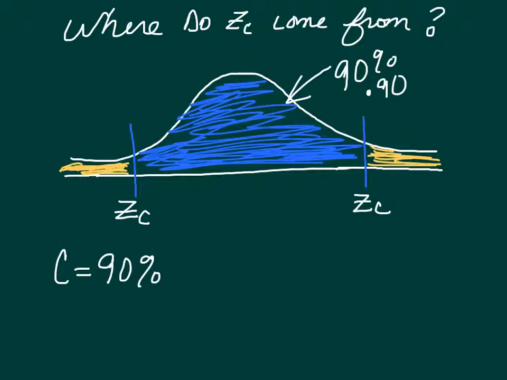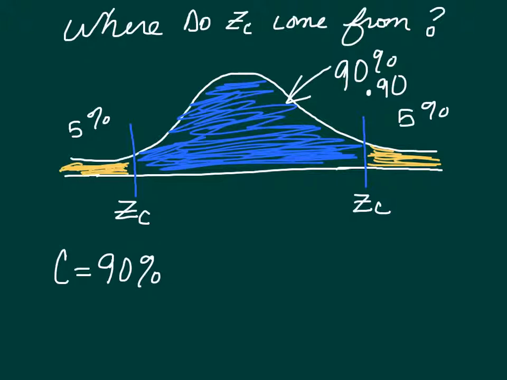If we have 10% probability left in our tails, then we have 5% in each tail, because we have to divide the probability up evenly between the two tails. And if we have 10% total, we have to divide it in half. Remember, the total probability in the curve is 100%.